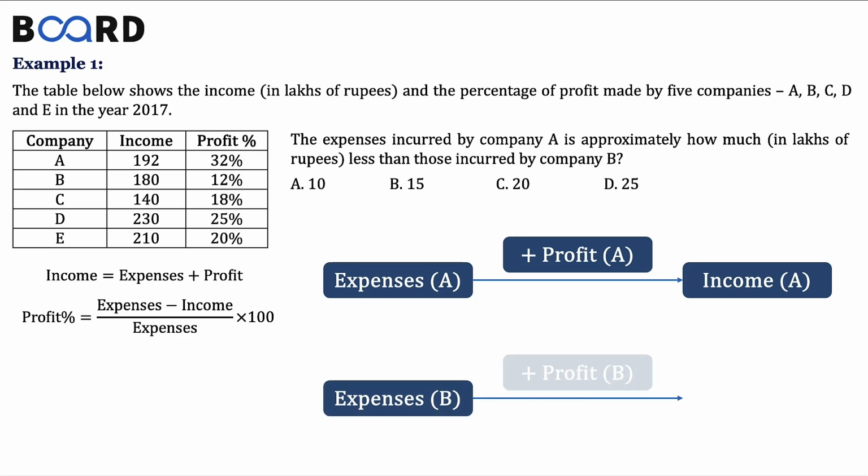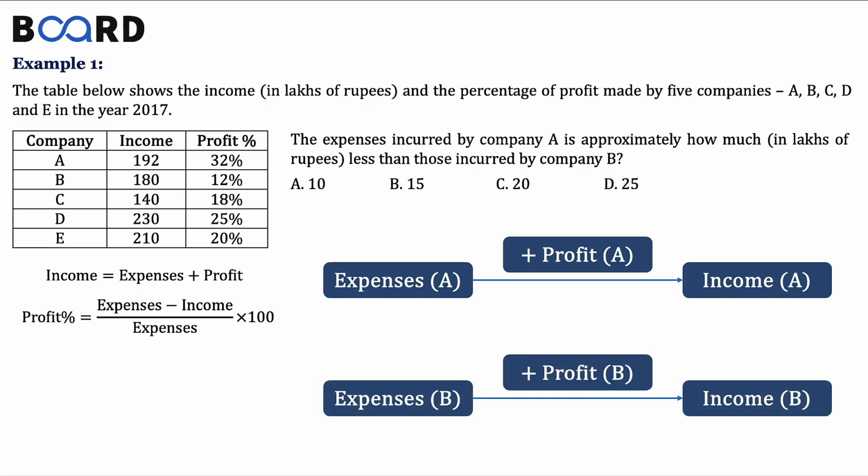The same holds true for B. We do not know the expenses of A. We know the profit percentage. We know the income. We do not know the expenses of B. We know the profit percentage, that's 12%, and the income is 180. We have to calculate the expenses of A, the expenses of B, and find out the expenses incurred by A is approximately how much less than those incurred by B. That's what we have to calculate. Okay.